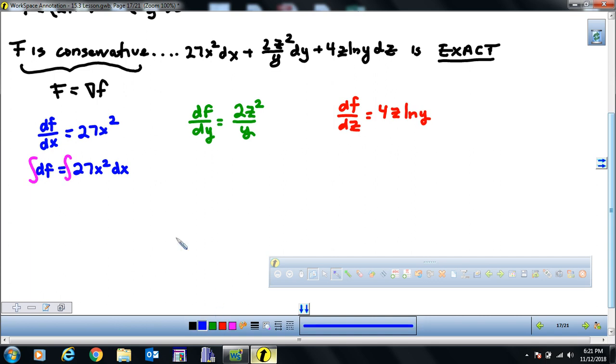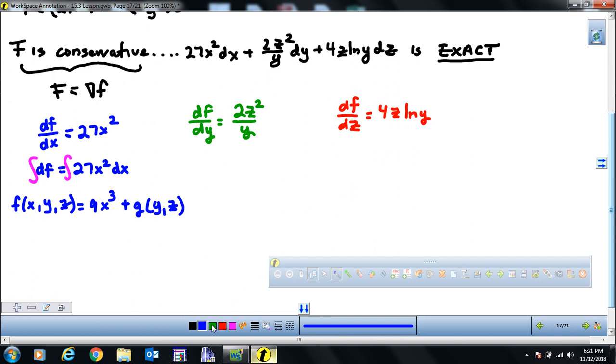When I integrate with respect to x, we get that some function in terms of x, y, and z equals 27x cubed divided by 3, which is 9x cubed, plus some function g in terms of y and z. Maybe in terms of both, maybe in terms of y, maybe in terms of z, or maybe just a constant. That's what we're going to use the other two conditions for.